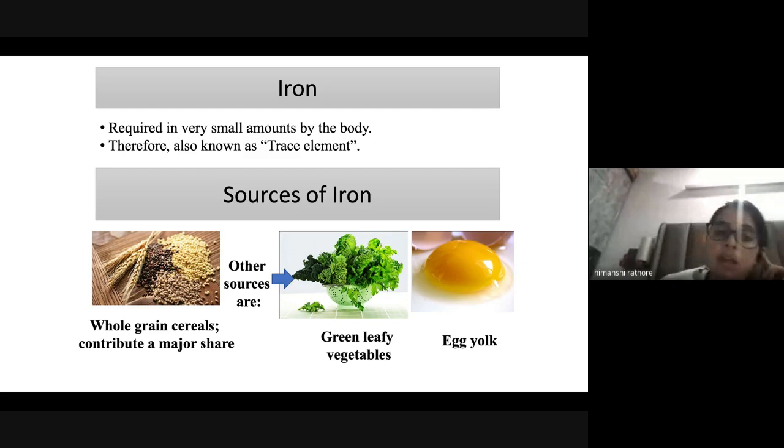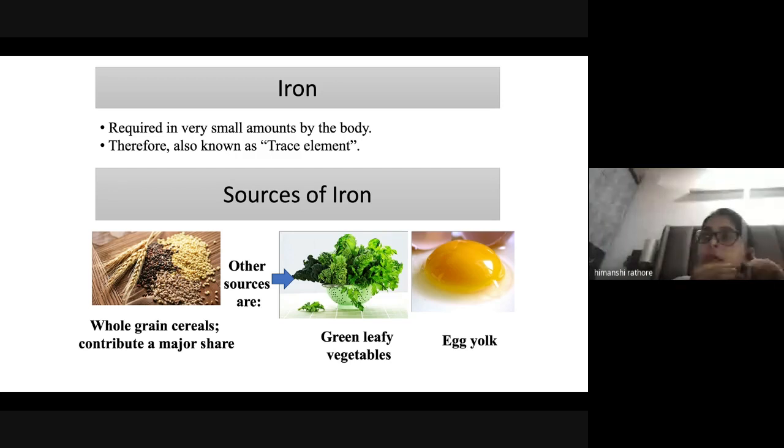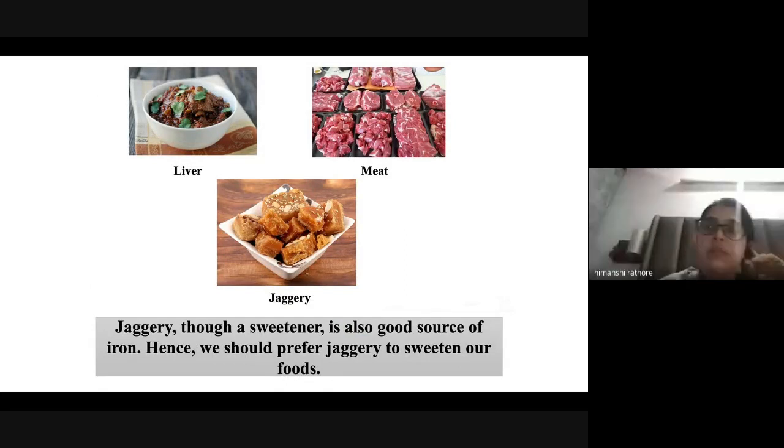And here I have listed the sources of iron. Green leafy vegetables, especially kale leaf and spinach leaf, contain a good amount of iron. Even broccoli is a good source of iron. Egg yolk contains a high amount of iron. So these are the sources which contain iron. The next slide is also showing you good sources of iron-rich foods.